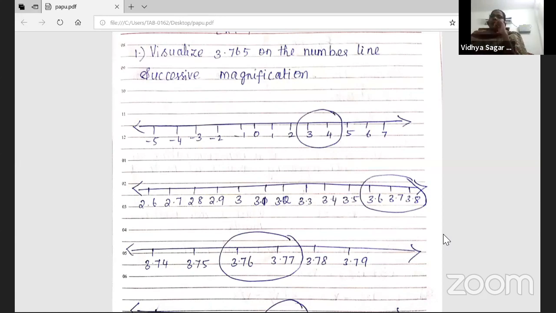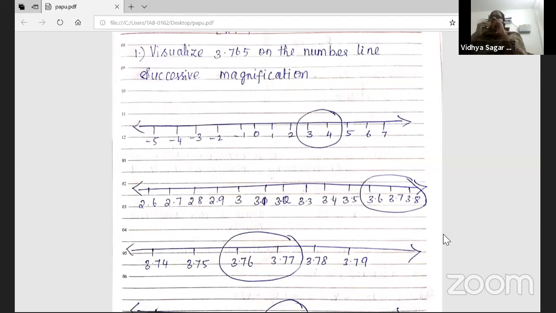First, generally you draw the number line, mark the numbers, and then identify between which numbers the 3.765 will come. So 3.765 will come between 3 and 4. That is your first step.